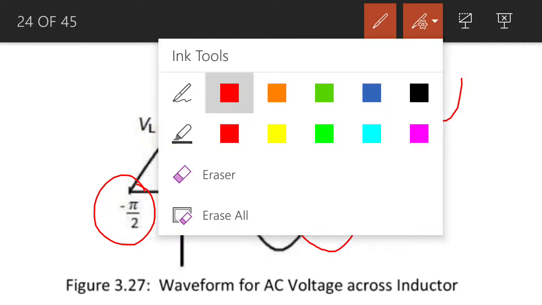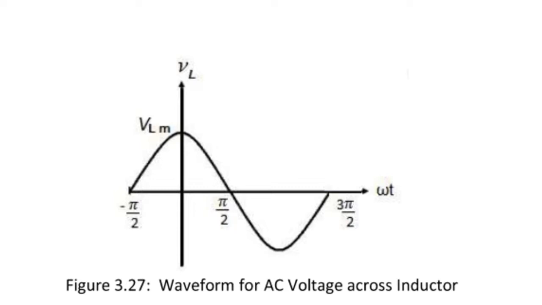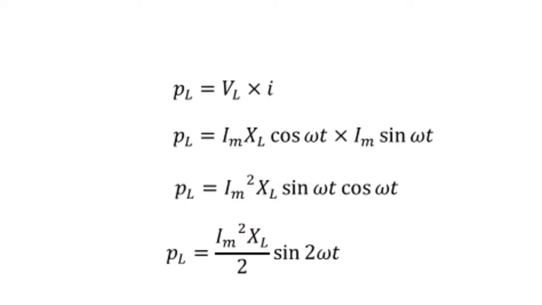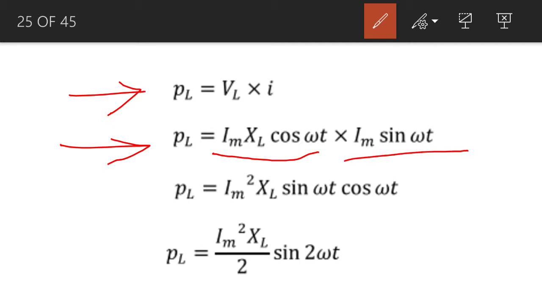We want to find out the power taken by the inductor. So the power taken by the inductor is equal to VL times I. We put the value of VL and I on the right hand side. So here is the value of the voltage across the inductor, and here is the value of the current in the inductor.